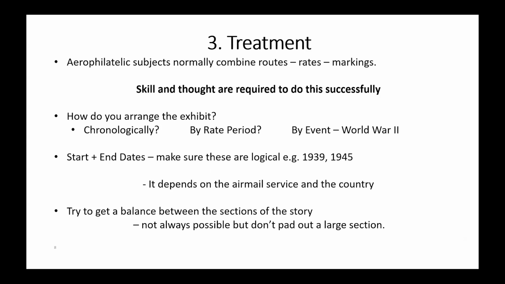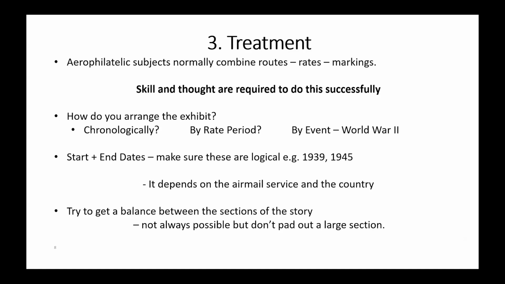How do you arrange the exhibit? You can do it chronologically. This is the first item that flew, this is the next time items are flying, etc. So you can just go from one period to another. Or you could pick a rate period and say, okay, when the airmail rate was threepence in Australia, I'm concentrating just on that period.